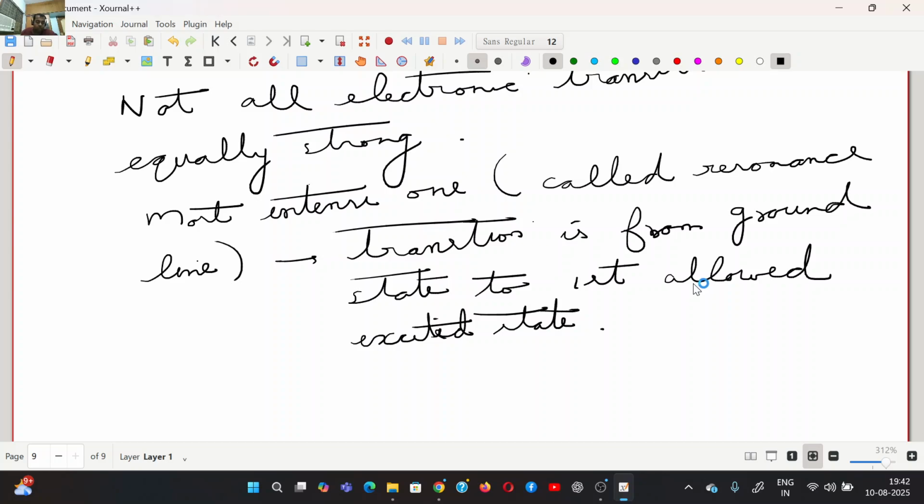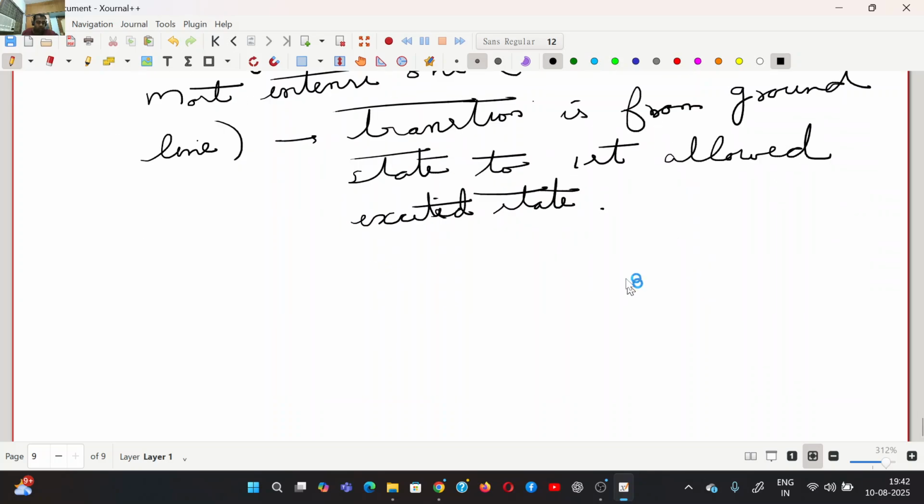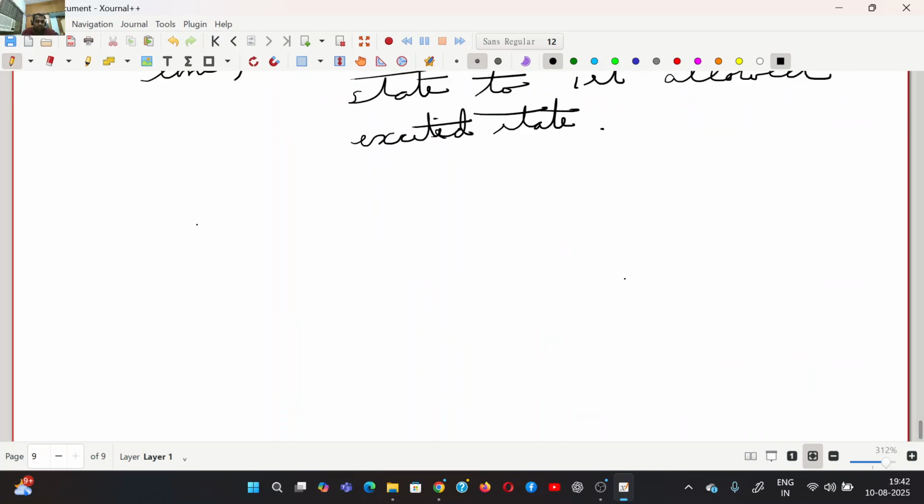Another thing I want to tell about is the Grotrian diagram, because Sir covered these concepts, that's why I'm refreshing them. Basically, it tells us what kind of transitions are allowed. It's a roadmap of the atom's energy levels.